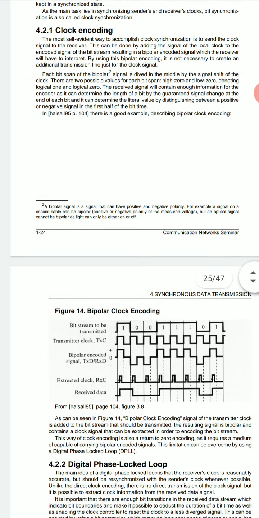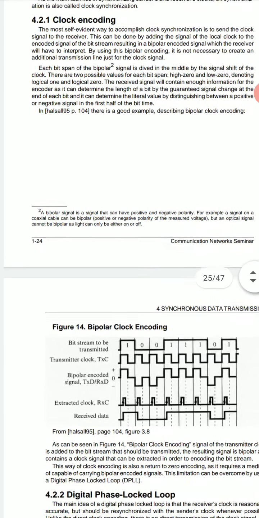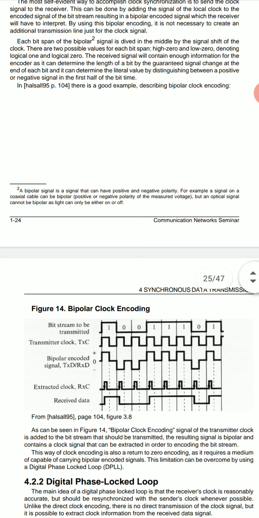Each bit of the bipolar signal can be divided in the middle by the signal shift of the clock. There are two possible values for each bit, high 0 and low 0, denoting a logical 1 and a logical 0, because in bipolar we consider positive as well as negative. So the received signal will contain enough information for the encoder to determine its length.